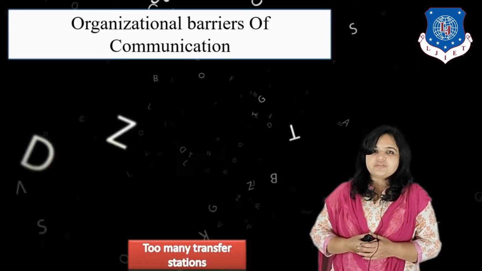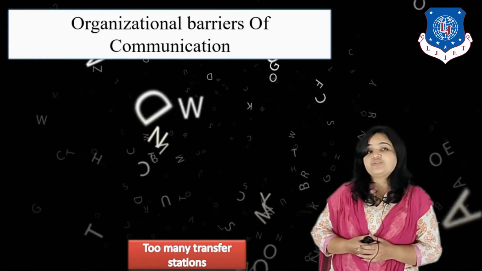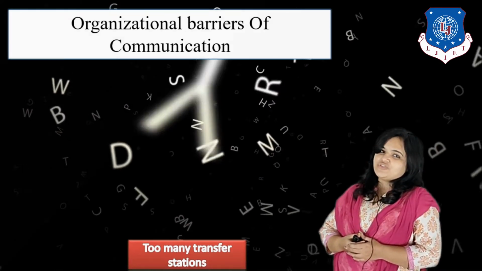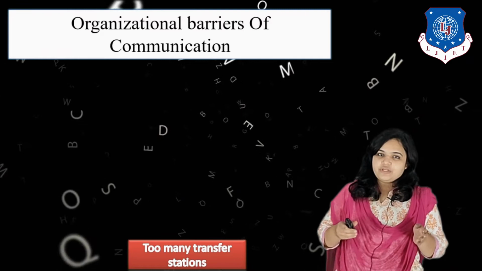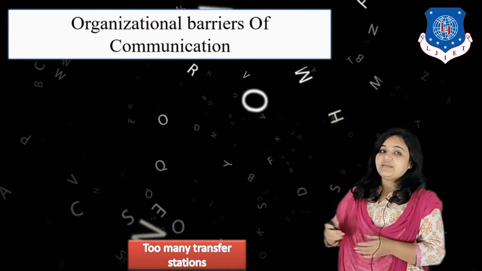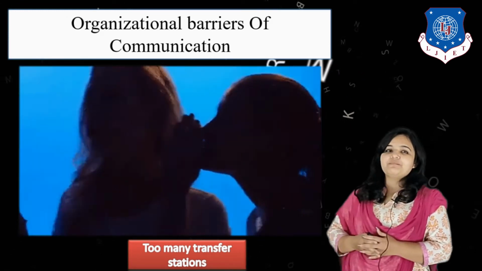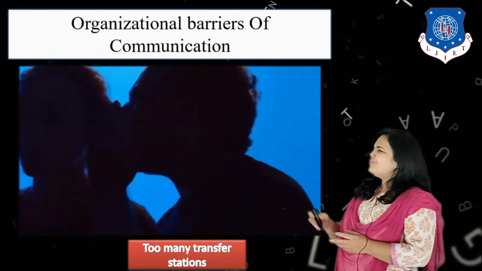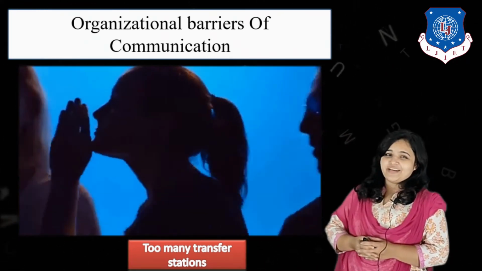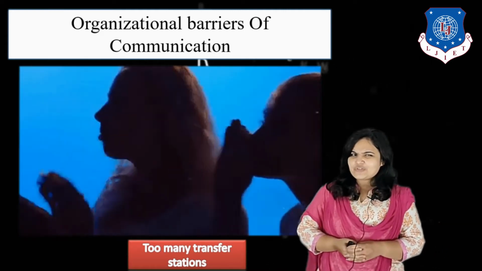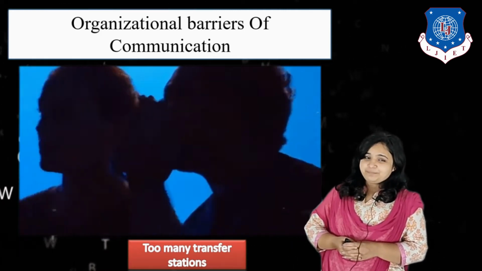Which are those? First and foremost, too many transfer stations. If for communication you use many mediators, it would lead to miscommunication. All of you would have played the game of telephone when you were little. It is also known as Chinese whisper somewhere.